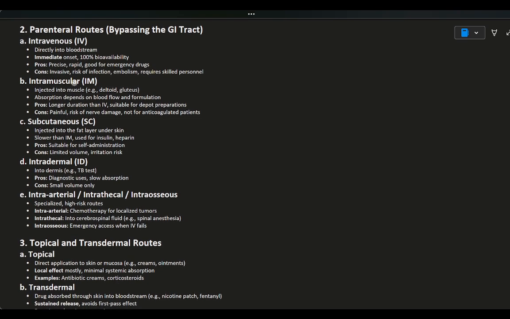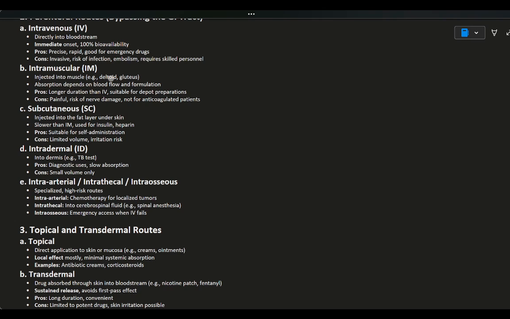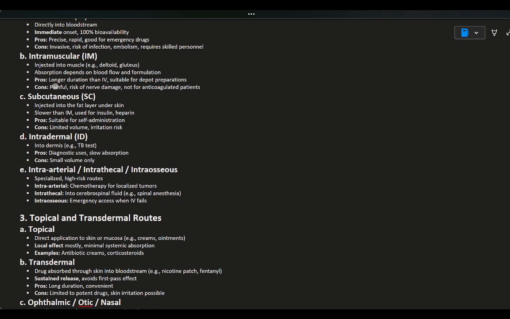We also have the intramuscular route, where drug is injected into the muscle, such as on the patient's deltoid or gluteus muscles. Deltoid being on the patient's upper arm, gluteus being on the patient's butt cheeks. Alright, and then the absorption depends on the blood flow and formulation.